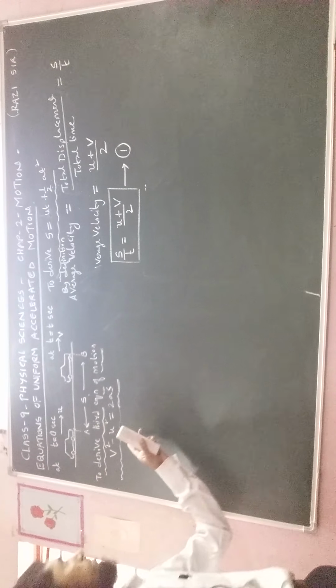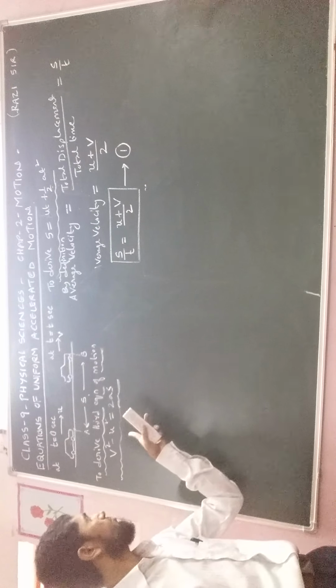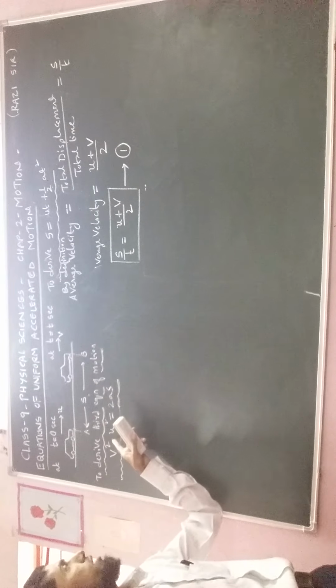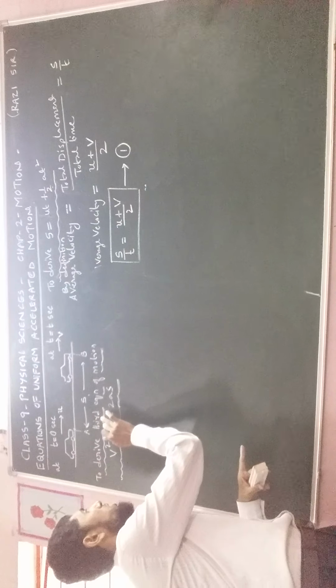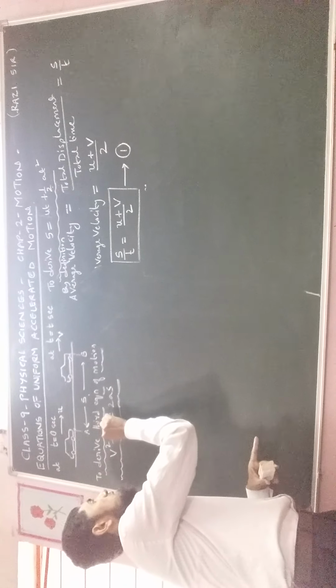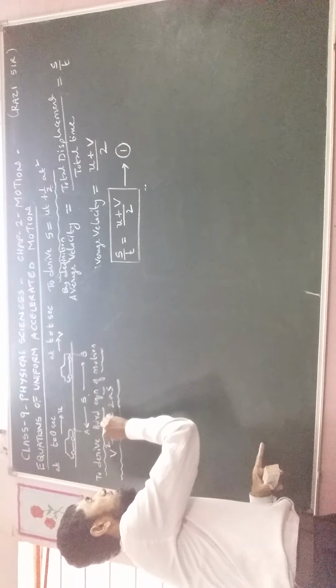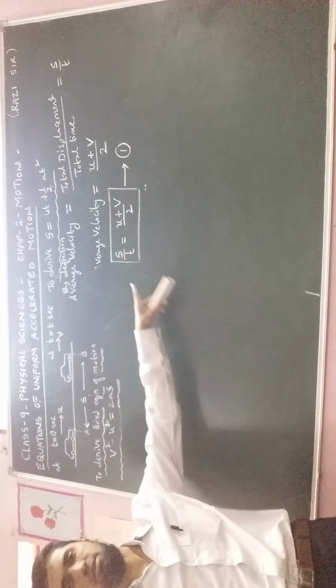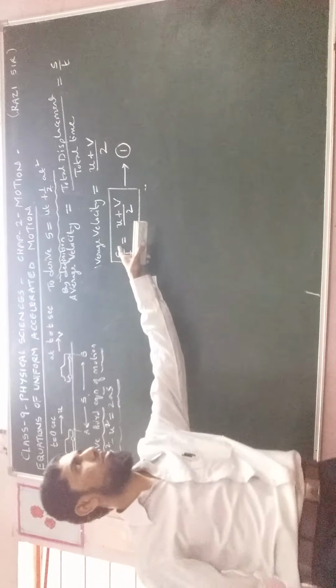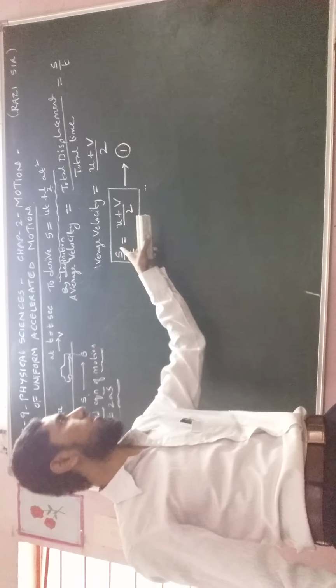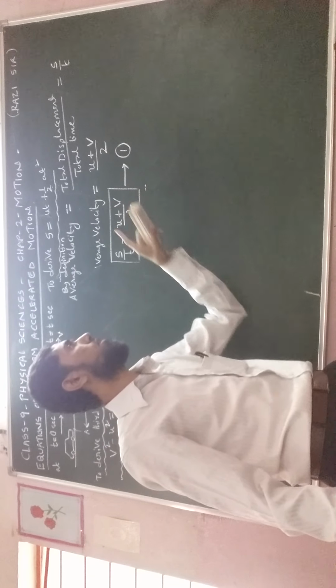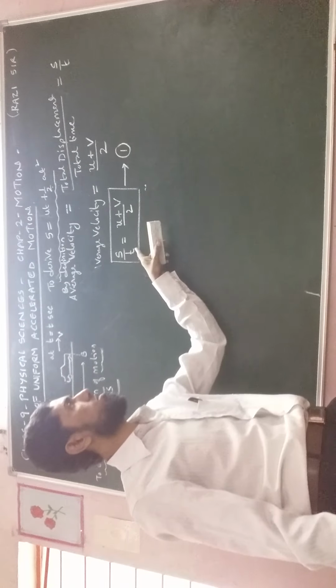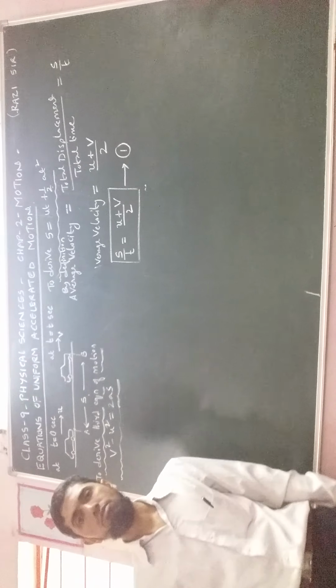Now to derive the third equation of motion, v square minus u square equal to 2as, we need to remember equation number 1 from the previous derivation. We have average velocity s by t equal to u plus v by 2. So we use this and then we find it.